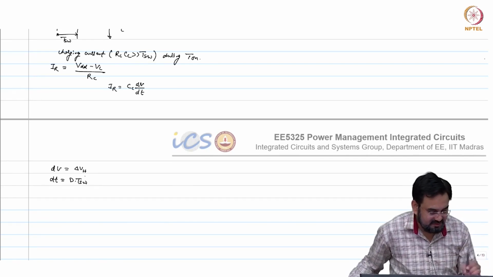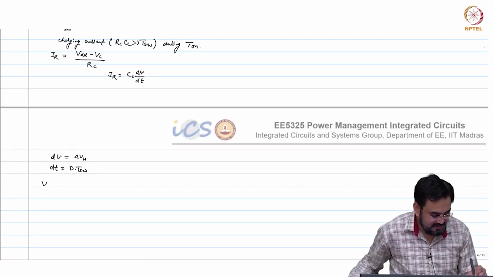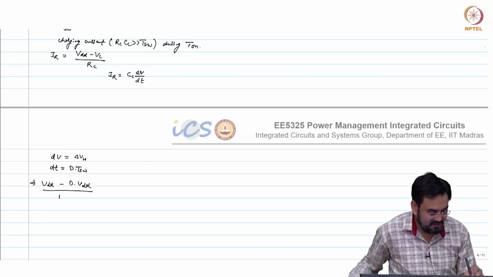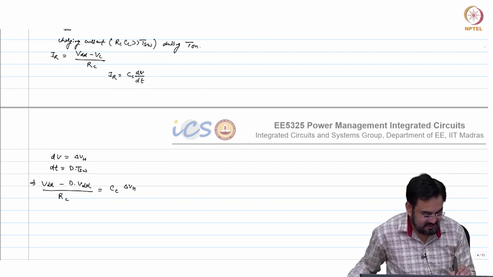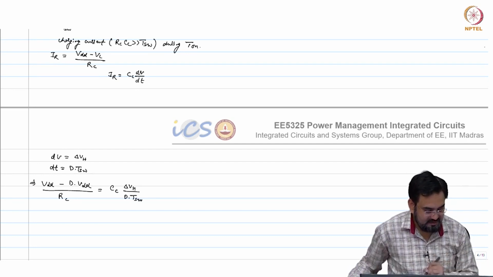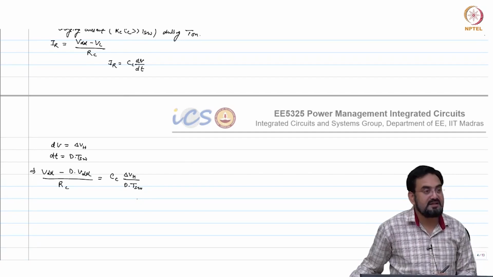Now, you will substitute those equations and I can find from there. So, IR is nothing but VDD minus Vc, which is D times VDD over RC, equal to Cc delta Vh over D times TSW, correct?